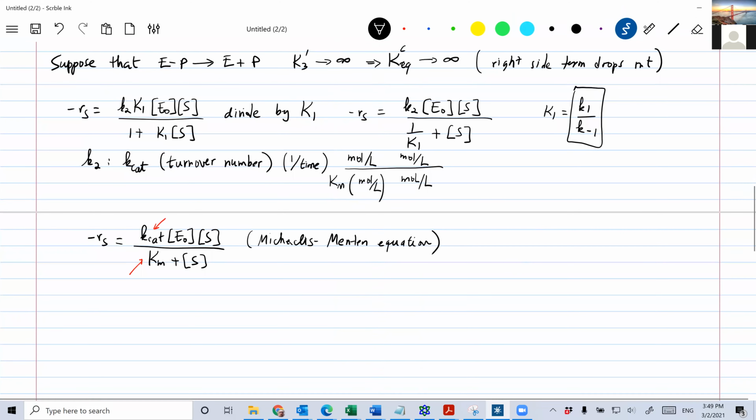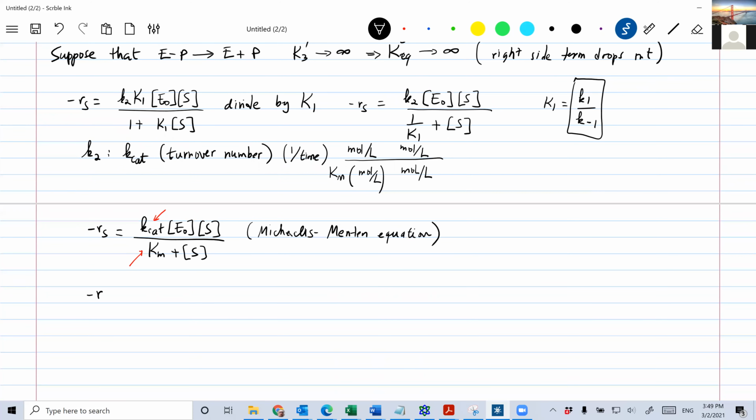The Km physically represents the concentration at which half of the maximum velocity is achieved. So what does that actually mean? What you can often see written is this form where people lump together the enzyme concentration and the Kcat to give you a Vmax. So Vmax is the maximum velocity. The Km is the concentration at which half of that maximum velocity is reached.